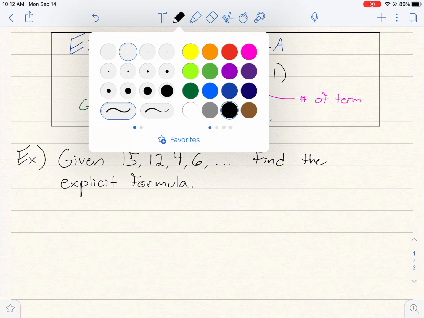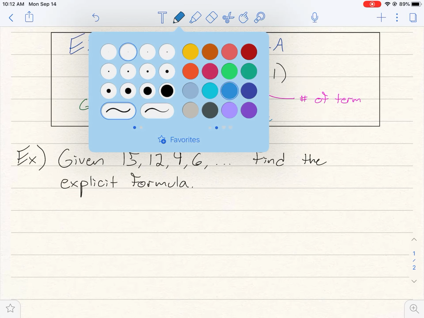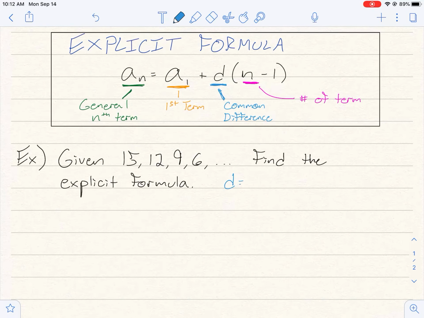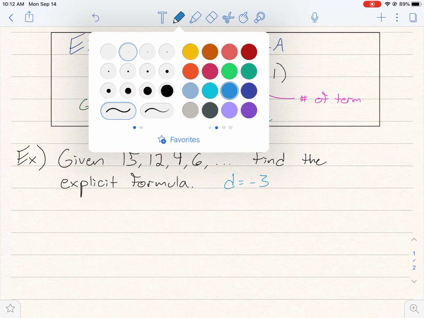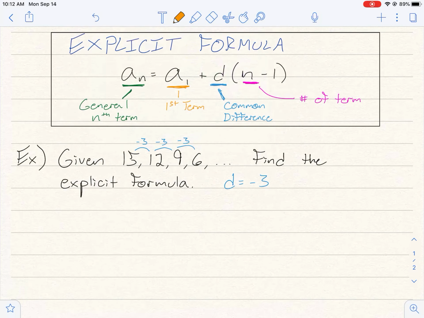So remember, for that you need your common difference. So d is equal to, in this case, we are going down 3 each time. So d is equal to negative 3. Make sure that you note it's negative 3 because you're going down. And then a sub 1 is your first term in the list, whatever the very first number is there.